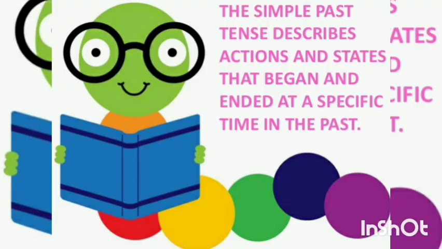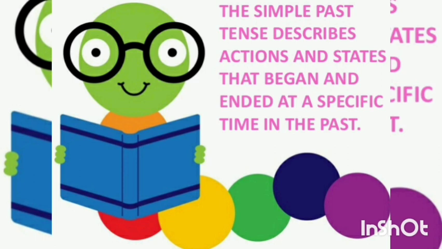The definition. The simple past tense describes actions and states that began and ended at a specific time in the past. Okay, this is the definition.